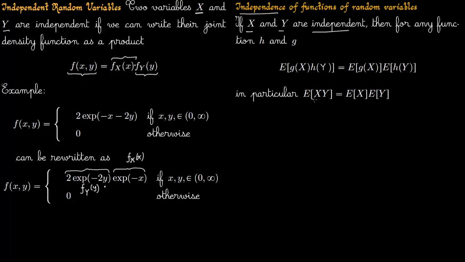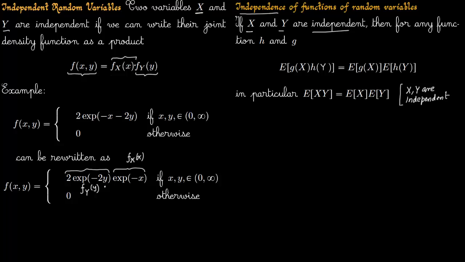So in particular, expectation of xy is equal to expectation of x times expectation of y. This holds only if x and y are independent. If x and y are not independent, then this formula would not hold.